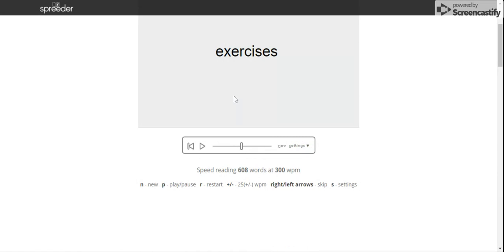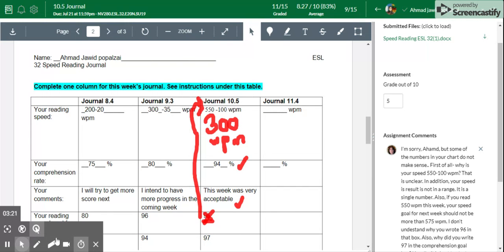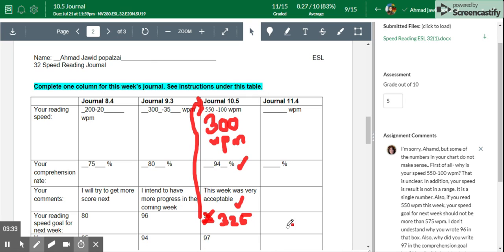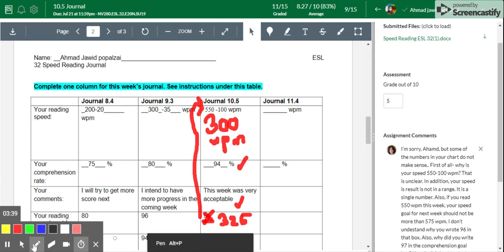Okay, that's what I want to do next week because next week I want to read faster. So I will go here and I will set a goal that next week I want to read 325 words per minute. Okay, we don't want to go faster than 25 words per minute faster because that's too drastic a goal.